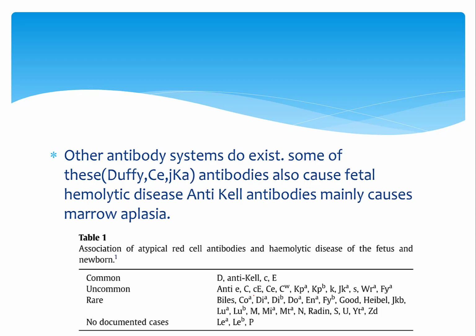As I mentioned earlier, other antibody systems are there. Some of them like Duffy, Kell, CE antibodies also cause fetal disease. And actually, some antibodies like anti-Kell antibodies can not only lyse the red cell, they can even damage the bone marrow. So it can cause bone marrow aplasia and give rise to aplastic anemia of the fetus.